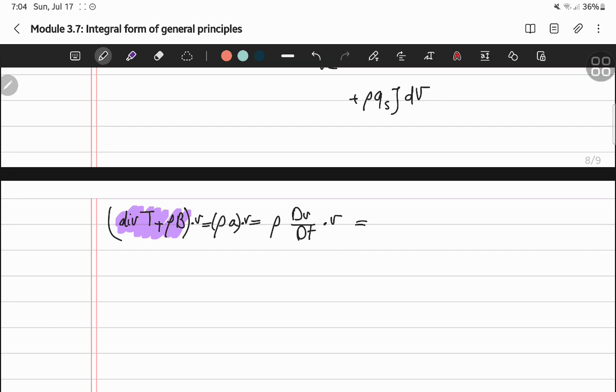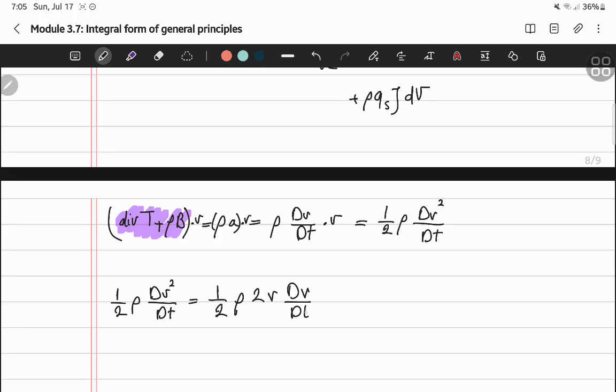We can prove that this equation here is equal to half of rho d v squared dt. So basically, if we have half of rho d v squared dt, this is equal to half of rho. If I take the derivative, it becomes 2v dv/dt. So this 2 cancels out with this one.